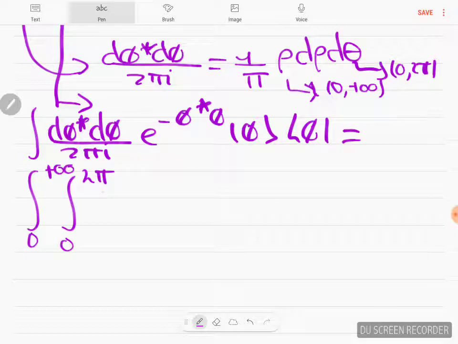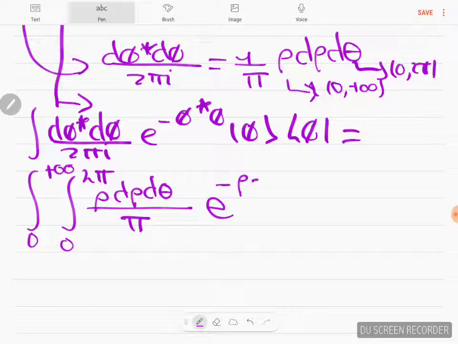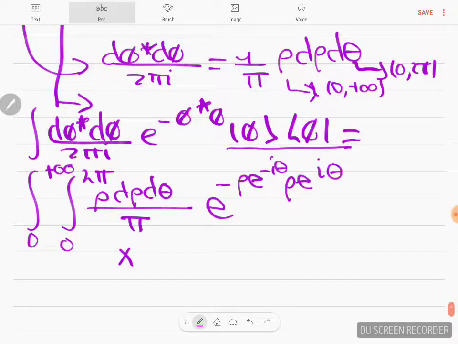This thing here is written as rho d rho d theta divided by pi. This e to the minus phi star phi, which is rho e to the minus i theta times rho e to the i theta, times what we found earlier for this product, ket phi bra phi.